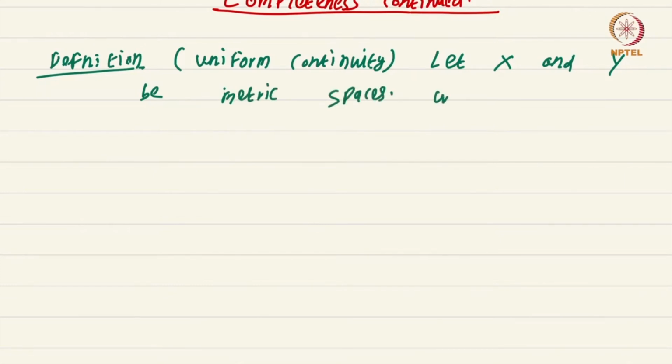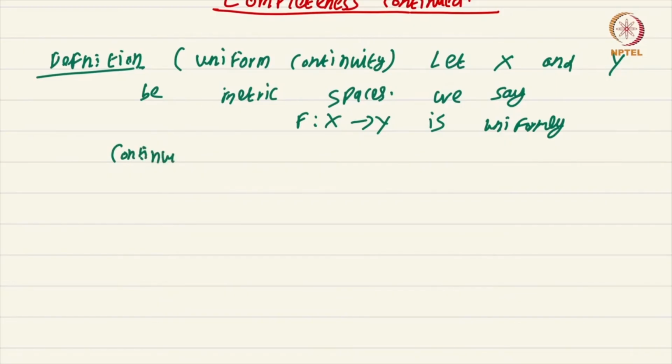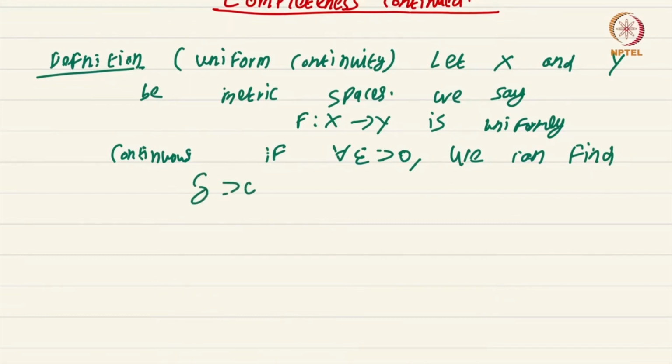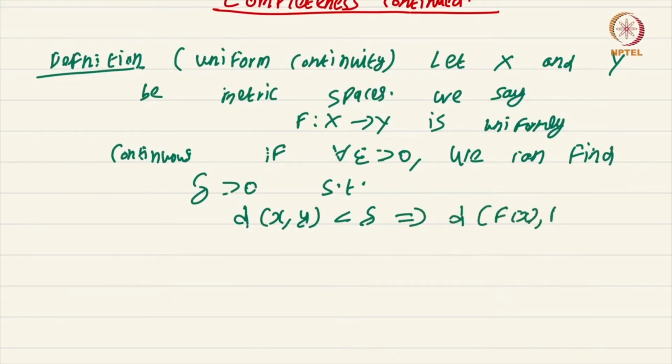We say f from X to Y is uniformly continuous if for each epsilon greater than 0 we can find delta greater than 0 such that d_X(x, y) less than delta implies d_Y(f(x), f(y)) is less than epsilon.